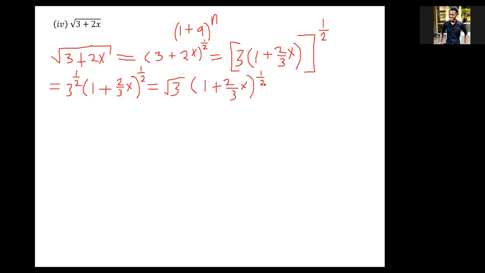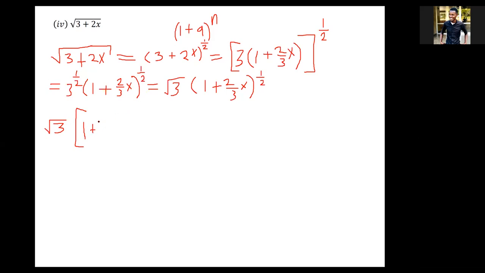So now we can see that our question here is in the form 1 plus a to the power n. So now it's easier for you to use the expansion. So you do it the same way I did the previous question. You write your root of 3 there, then open these brackets. Your first term there is 1. Your second term is nx.